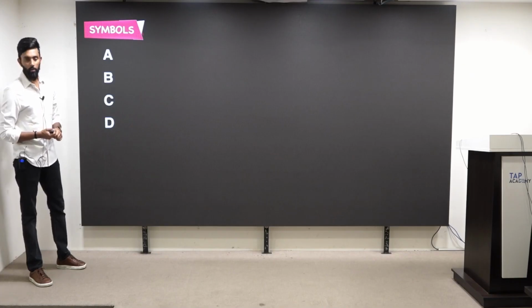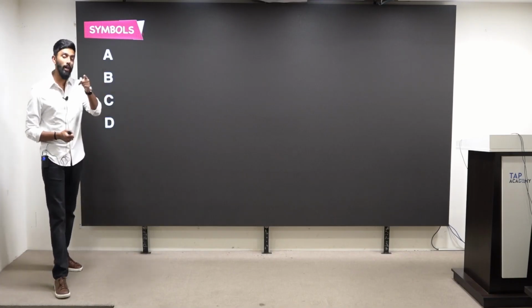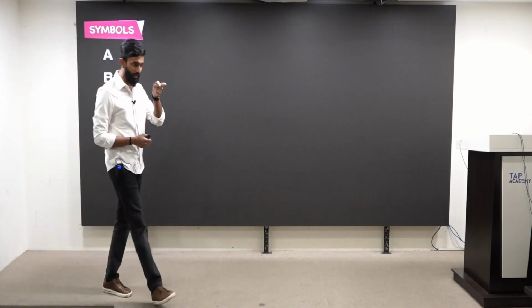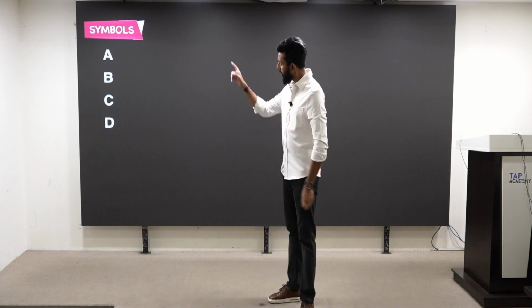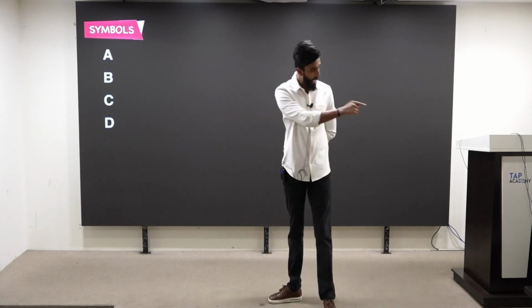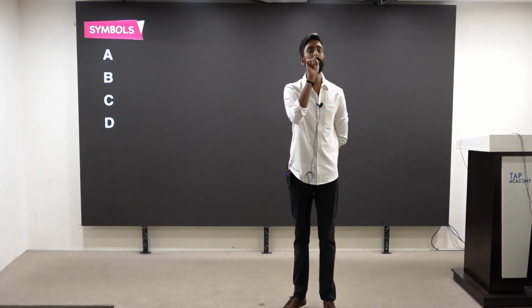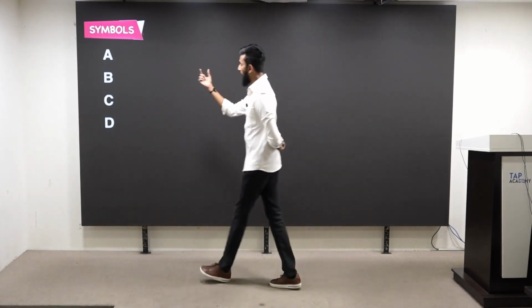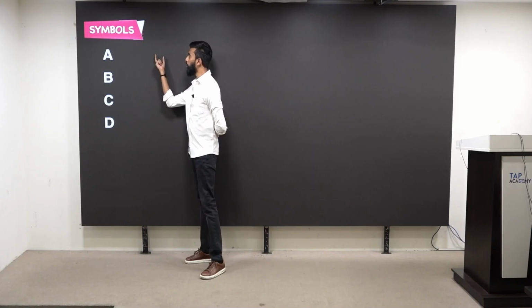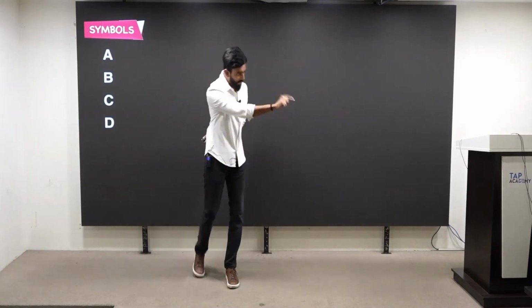Why? Because my computer can store only zeros and ones. That is the point. Hope you will understand. So what they told is, boss, computer can't store characters as it is. So what we will do is, whenever somebody presses A, let us assign one binary code for A. That code will get stored.